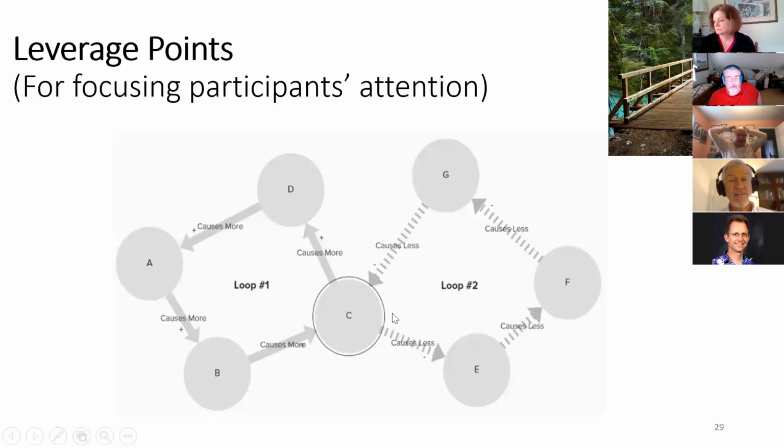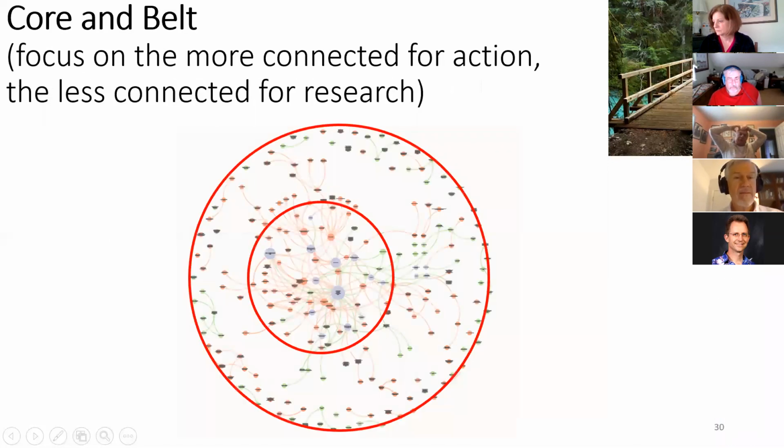So you can have a relatively complex map that has a lot of loops in it, but make it easier for people to work with by focusing on the leverage points. There's the core and belt of a model.